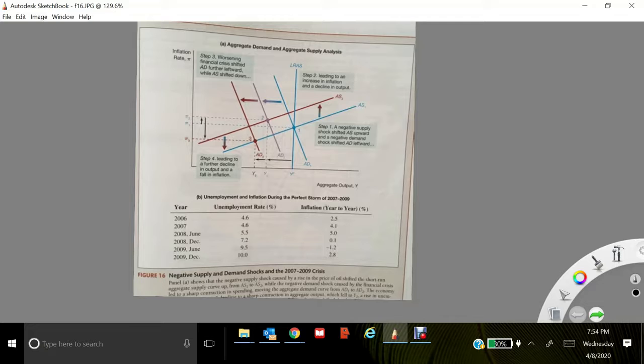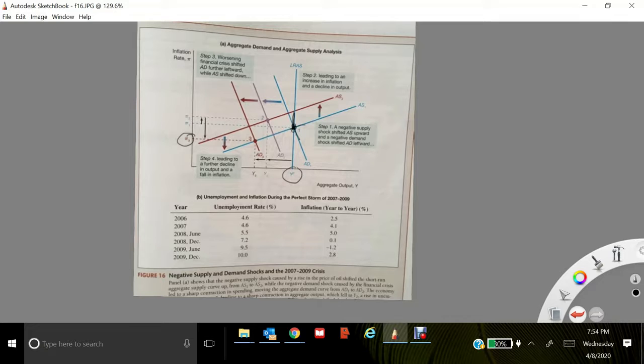Let's see, we are starting off here at the intersection of the short-run demand and long-run and short-run supply curves here at our potential output level and inflation level.